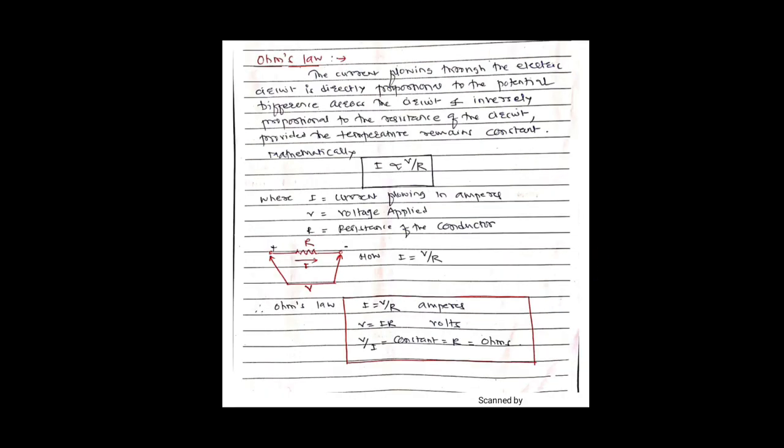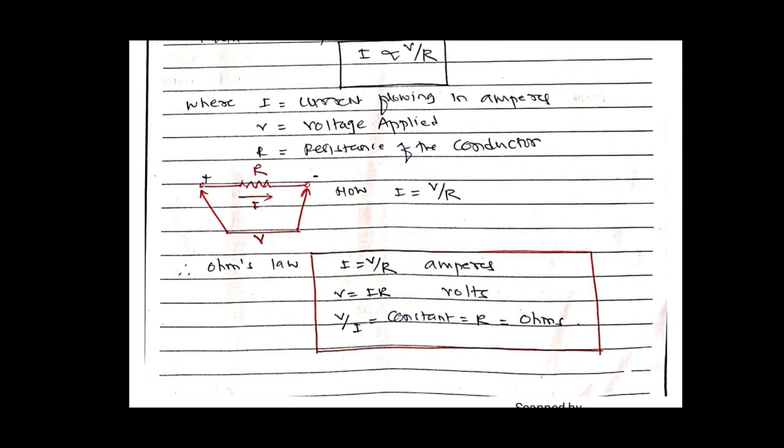R is the resistance of that circuit. So this is the formula of Ohm's law: I equals V upon R, in amperes. V equals I into R, in volts, and V upon I equals R, in ohms. These are the three important formulas you should always remember.